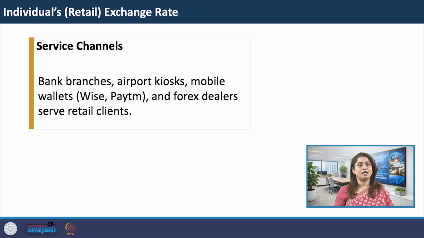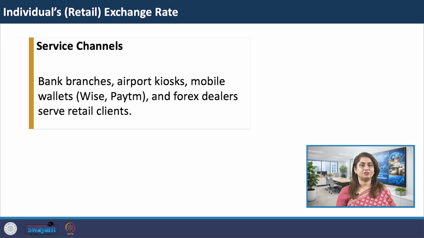For example, airport kiosks usually charge the widest spread because convenience is high and competition is limited, while digital platforms may sometimes offer relatively better rates because their operating costs are lower.